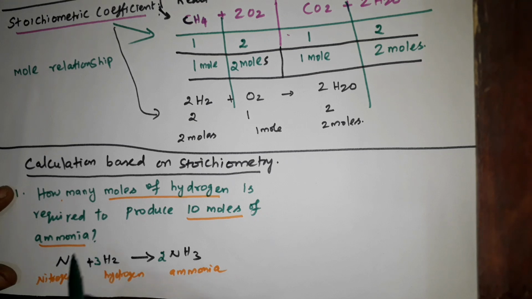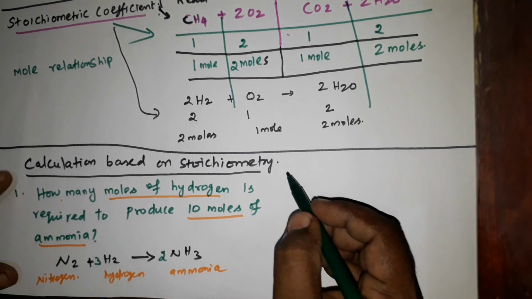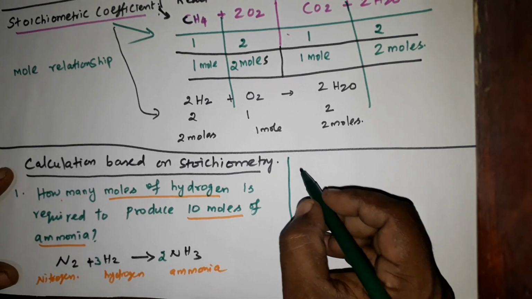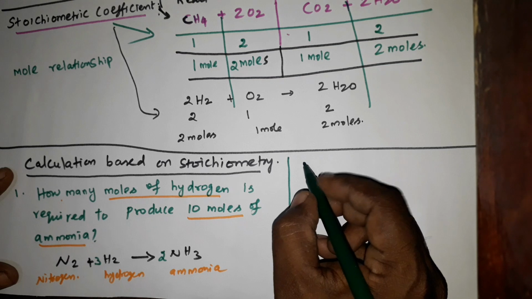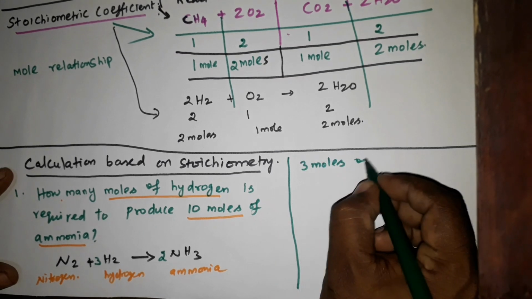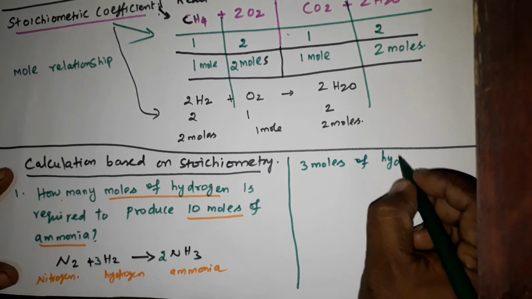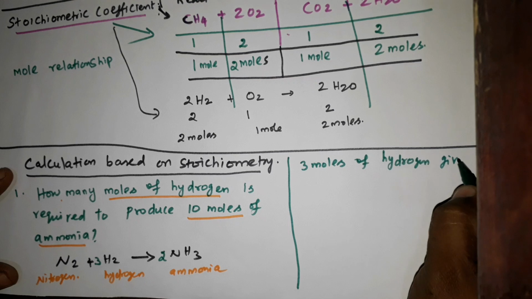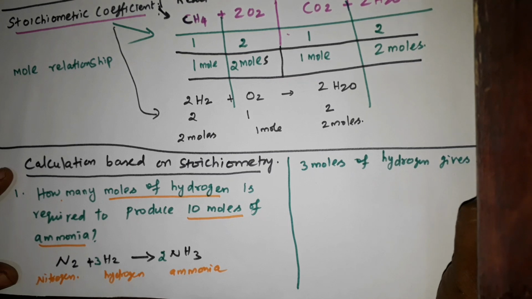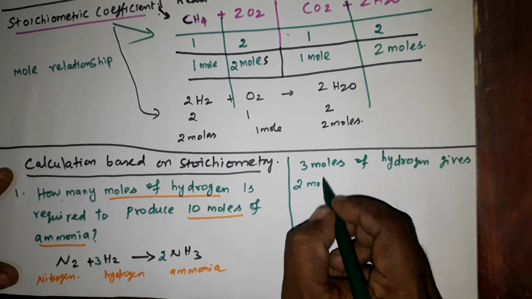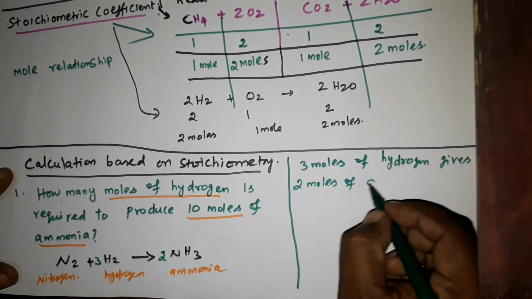Understand? So according to the equation, 3 moles of hydrogen gives 2 moles of ammonia.